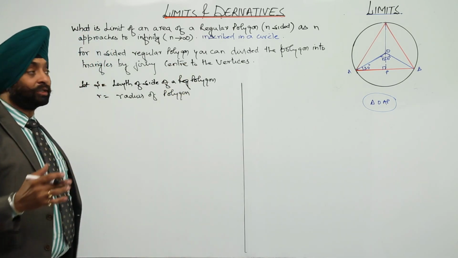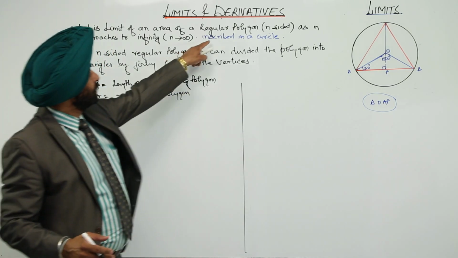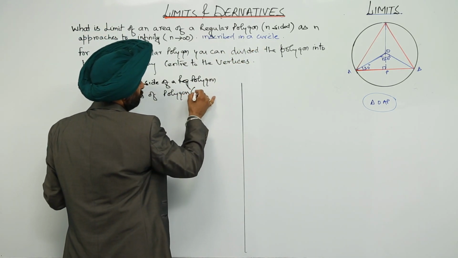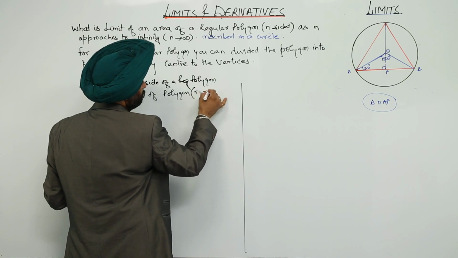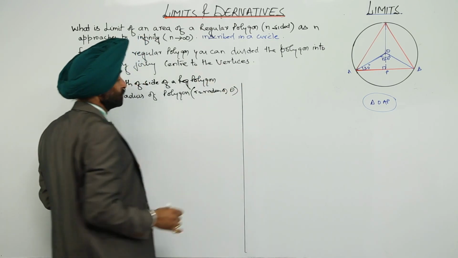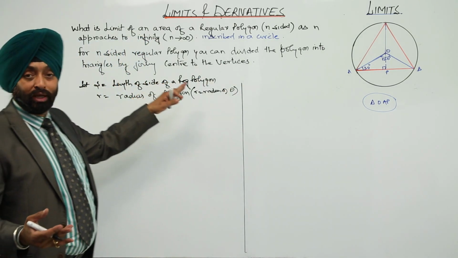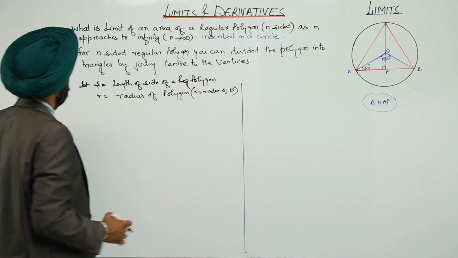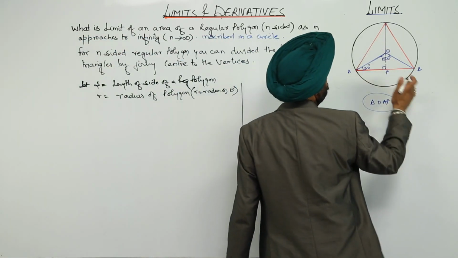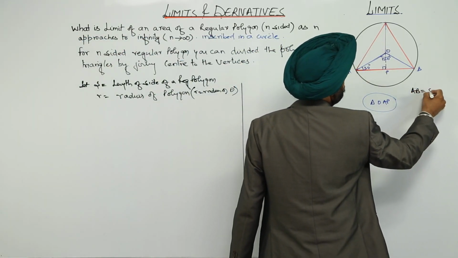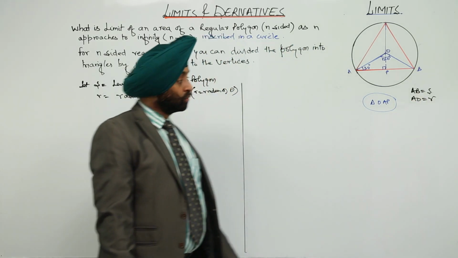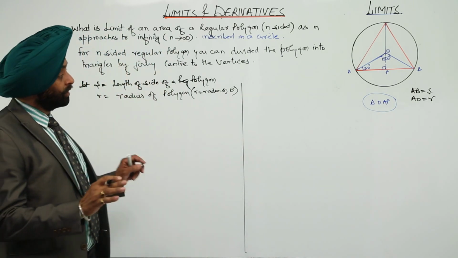Radius of the polygon basically means, when it is inscribed in a circle, R is equal to the radius of the circle. Okay. Now S and R, I have mentioned these two things. Now AB is equal to S and AO is equal to R.